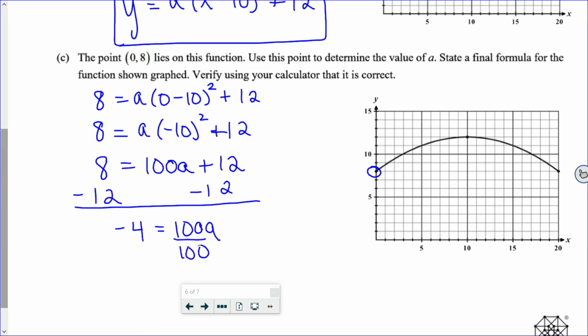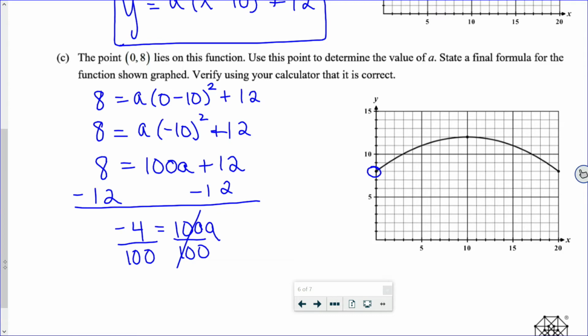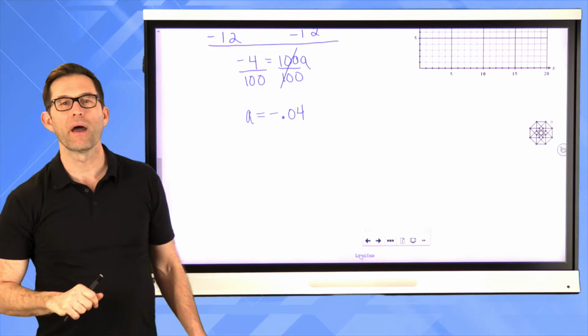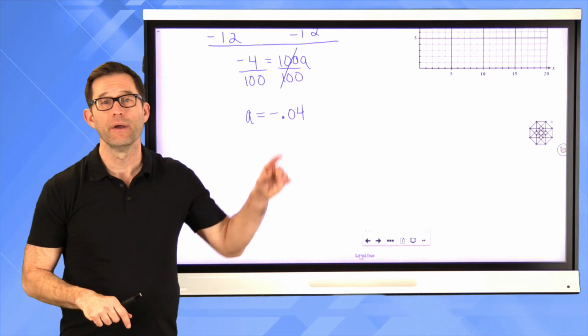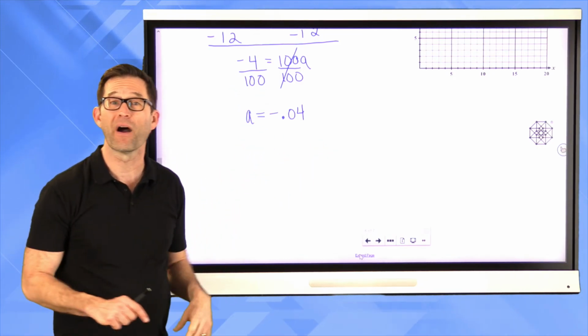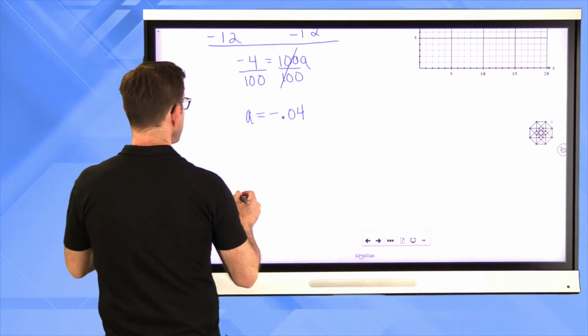A is going to be very small and often is in these problems. All right, so I divide both sides by 100. And because dividing by 100 is pretty easy, I'm not going to break out the calculator yet. A is going to be negative 0.04, right? 4 divided by 100 is equal to 0.04. Negative 4 divided by 100 will be negative 0.04. So now I know my a. Now I've got my entire formula.